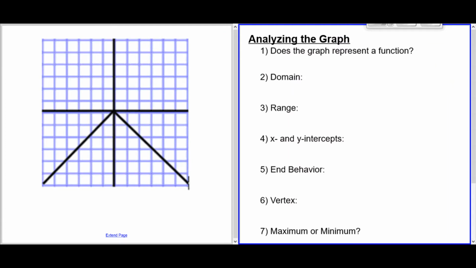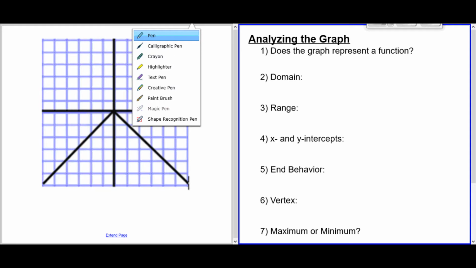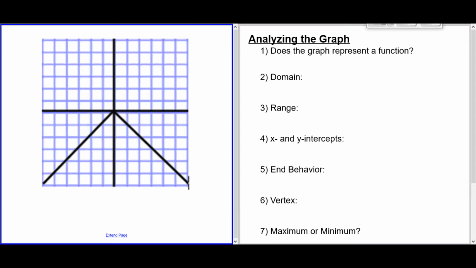So you'll want to pause the video to sketch this graph. And then we're going to analyze it using seven steps. So in my graph, the x-axis I'm highlighting in yellow. So this is my x. The y-axis, I'll highlight that in green. So here's my y.